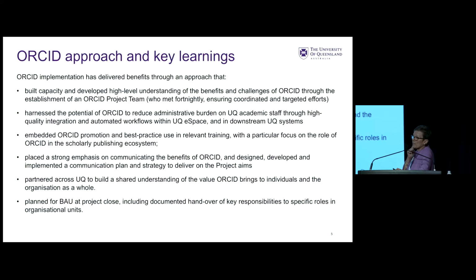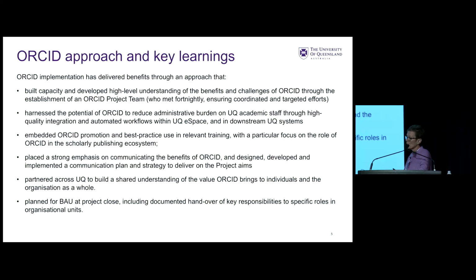Some of the key learnings from our ORCID implementation are that it does take a whole-of-university approach. You need senior sponsorship and it does require investment. We spoke about the benefits of ORCID in ways that resonated with different stakeholders, from your individual researcher through to those at higher levels. We made sure that we promoted ORCID and the best practice use of ORCID in publishing.